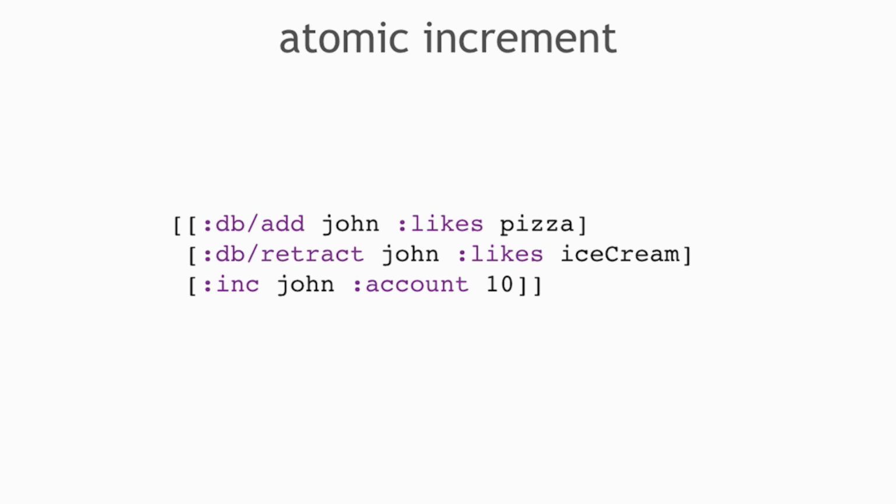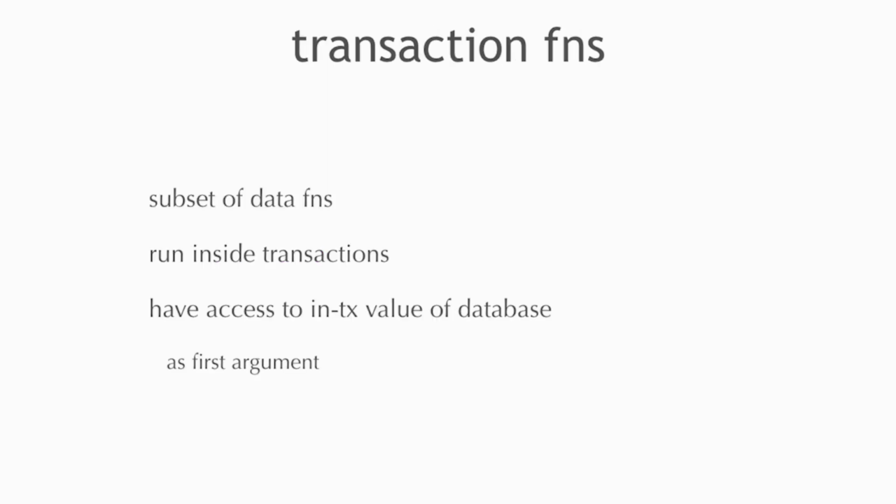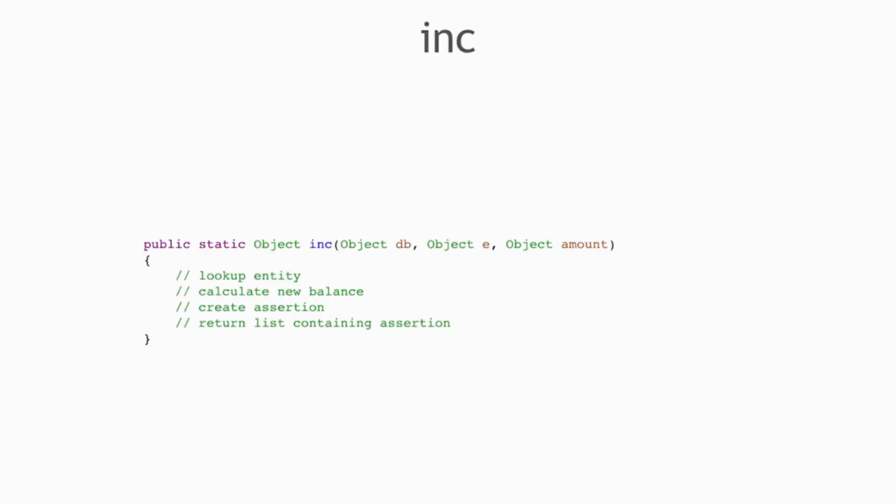So the closest thing to transaction functions that you might be familiar with is actually macro expansion in a language like Clojure, right? It has some data. We're going to expand it into some other data. And they're quite easy to write. You can even write them in Java quite simply. So here's inc. What does inc have to do? Inc has to look up the entity in the database, find the old balance, calculate the new balance, create an assertion, and return a list creating that assertion.